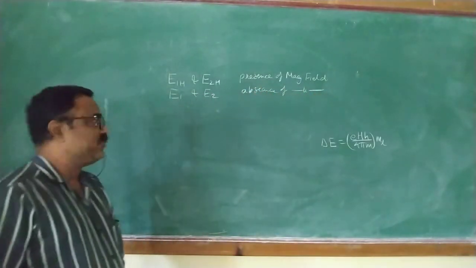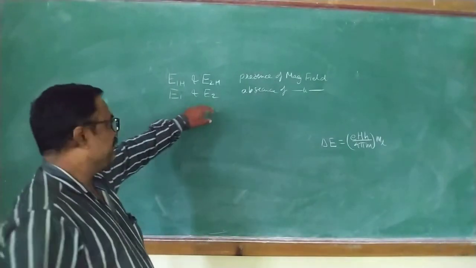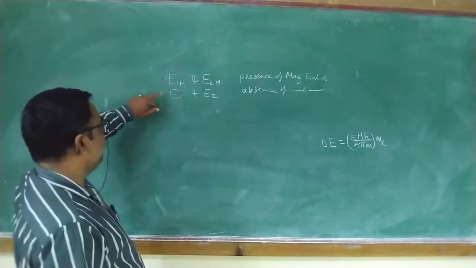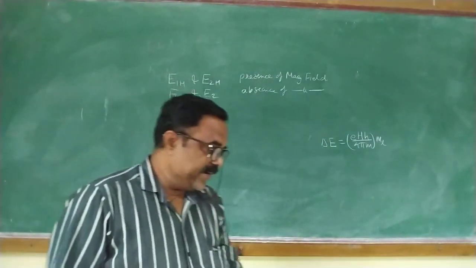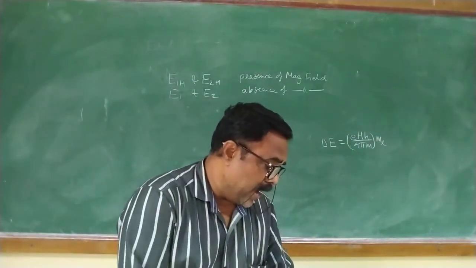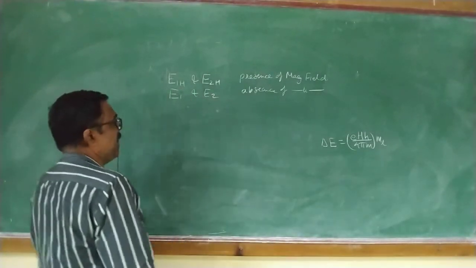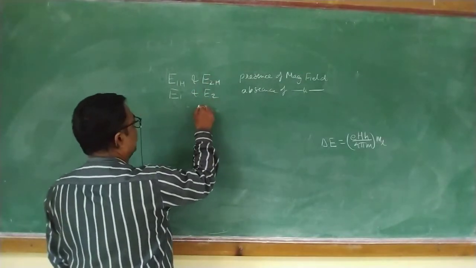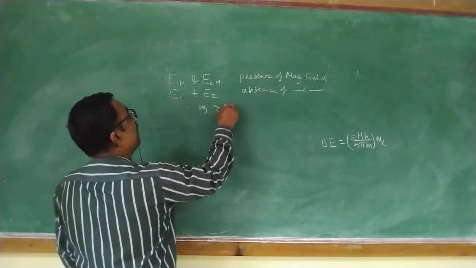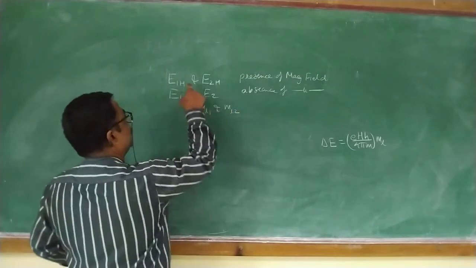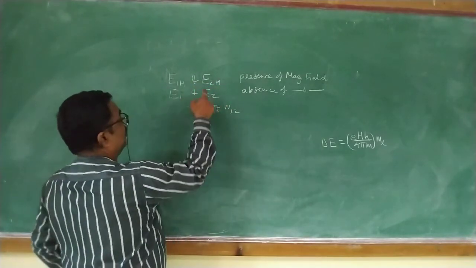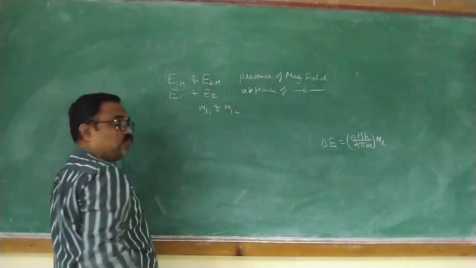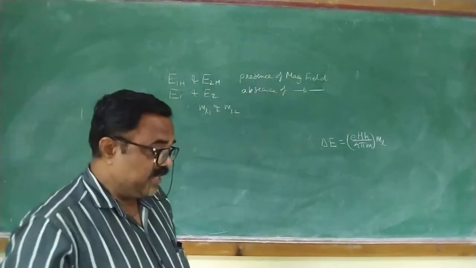These are the energy levels in the presence of magnetic field, and these are energy levels in the absence of magnetic field. And the respective ML values in presence of magnetic field are ML1 and ML2.